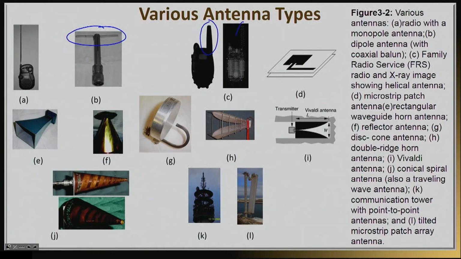Usually, if you open that, you will find a helical antenna in there. This is a classic patch antenna, which is utilized a lot as an on-chip antenna. This is the conical antenna, which is a very broadband, very high-quality antenna. And basically, the discussion goes on and on. The main thing I would like you to notice is how different the structures physically look depending on the requirements we're trying to hit.